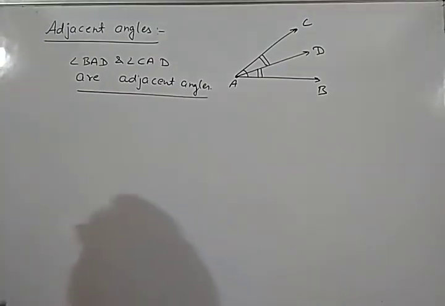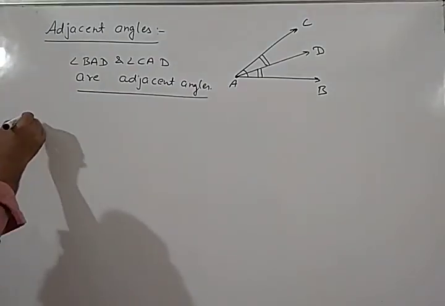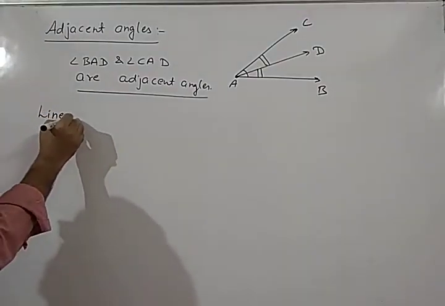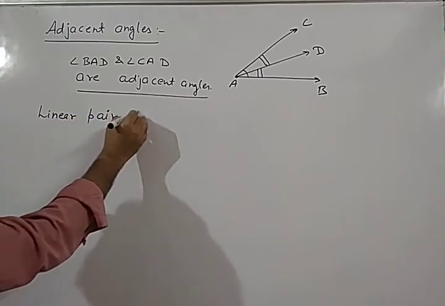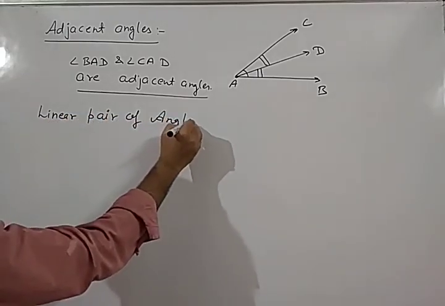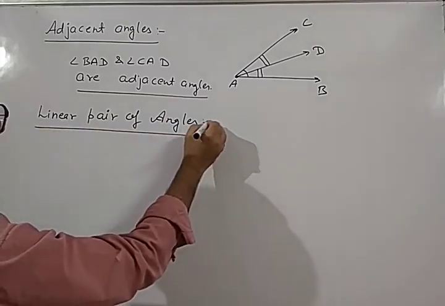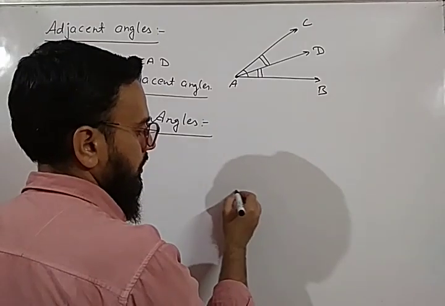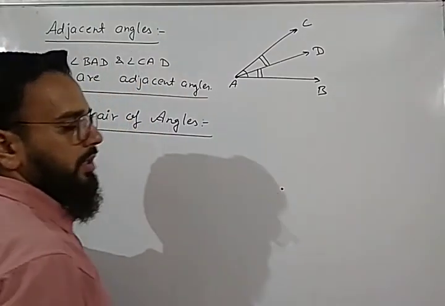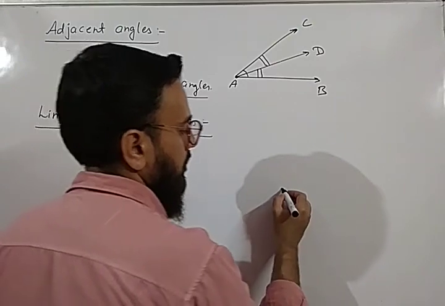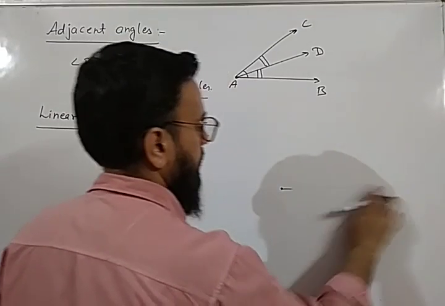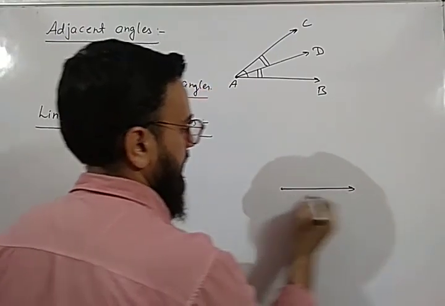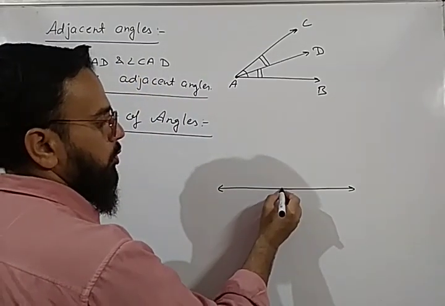Okay. Now the next angle relation is linear pair of angles. So what are linear pair of angles? Suppose from a common vertex we draw two opposite rays.